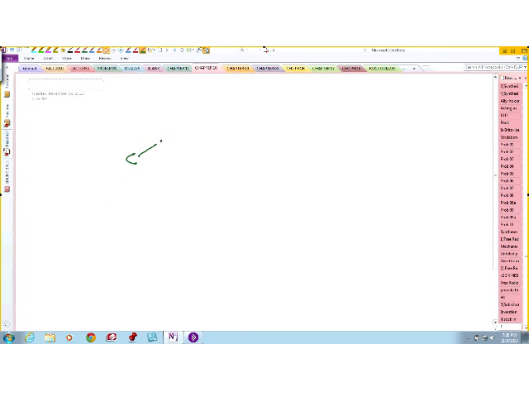For example, if we started with this, and you react with phosphorus tribromide, the product that we expect to get will be the one with inverted configuration.